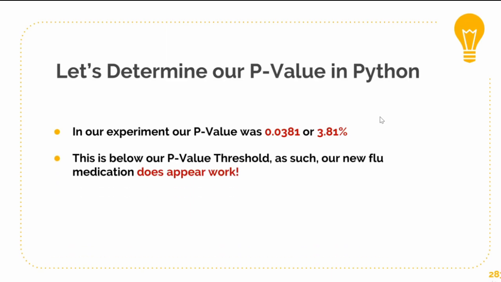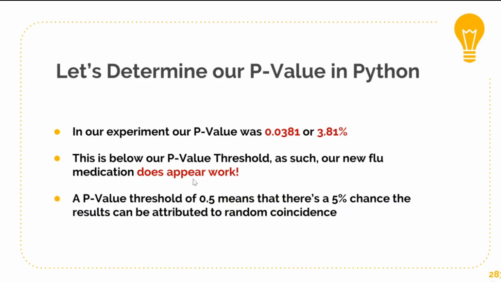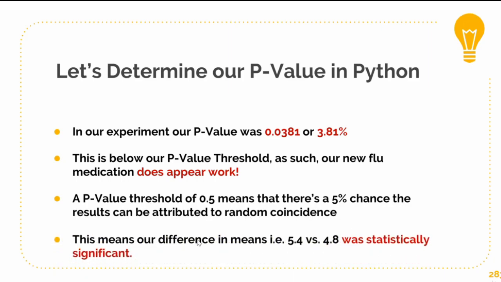So remember, our p-value threshold was 5%. So this is definitely below our p-value threshold. And as such, our new flu medication does in fact appear to work. So a p-value threshold of 0.05 means there's a 5% chance that the results can be attributed to random coincidence. This means that our difference in means, that is 5.4 minus 4.6, was in fact statistically significant.